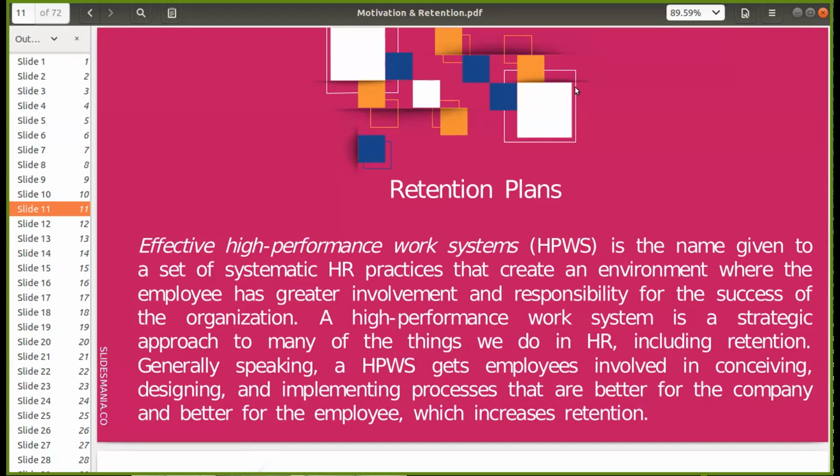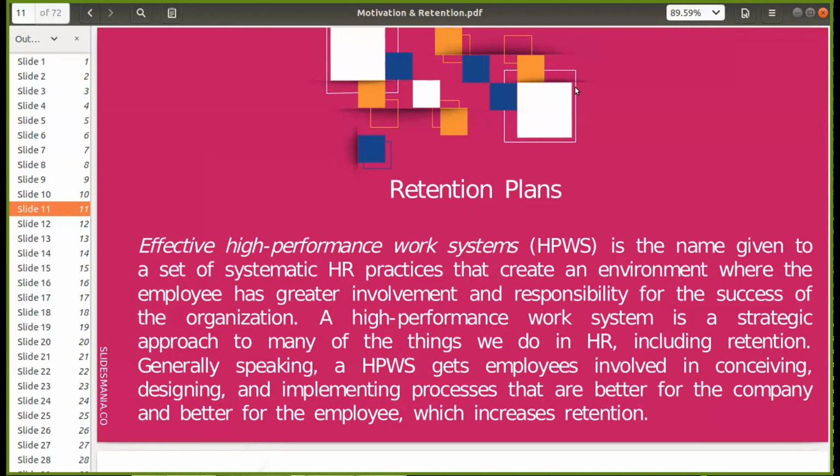So when you say HPWS or high performance work system, this is the name given to a set of systematic HR practices that create an environment where the employee has greater involvement and responsibility for the success of the organization. So it should be part of the strategic plan of HR.